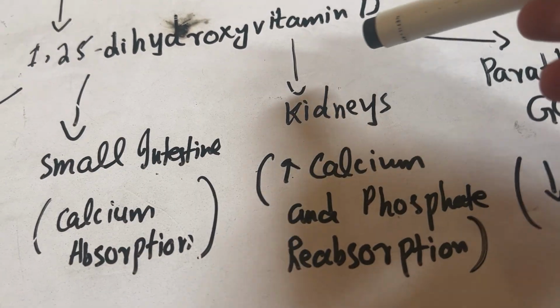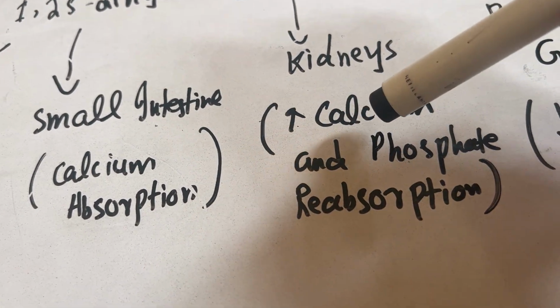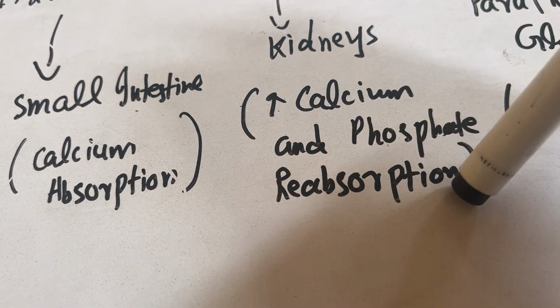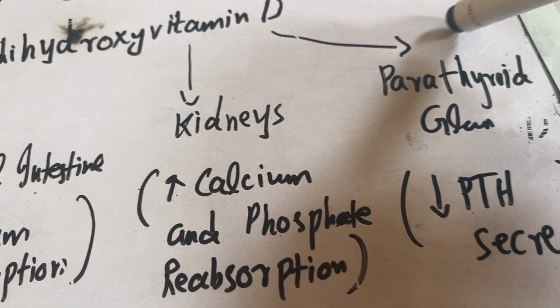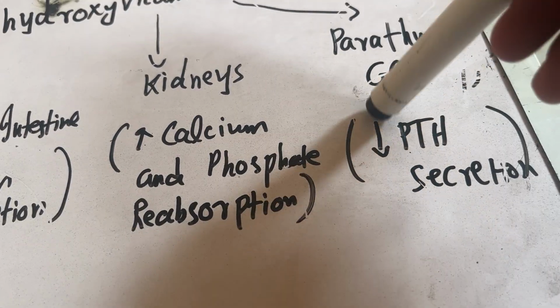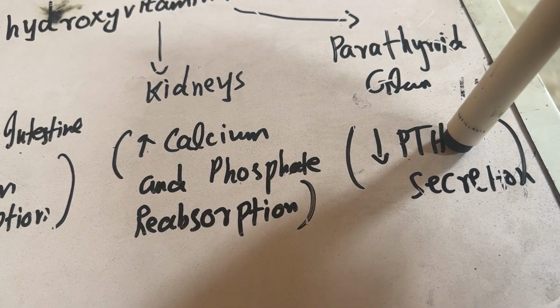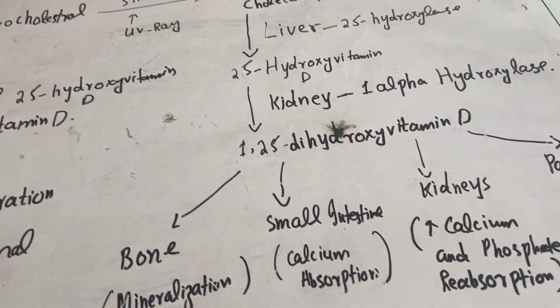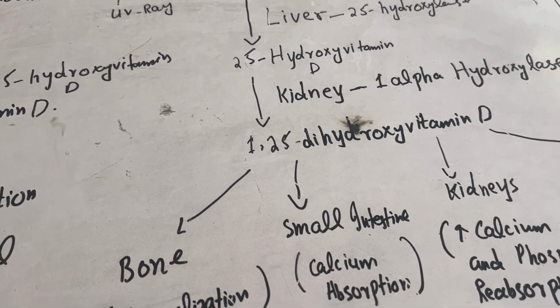In the kidney, it causes calcium and phosphate reabsorption. On the parathyroid gland, it causes suppression of parathyroid hormone secretion. So this is the normal vitamin D metabolism.